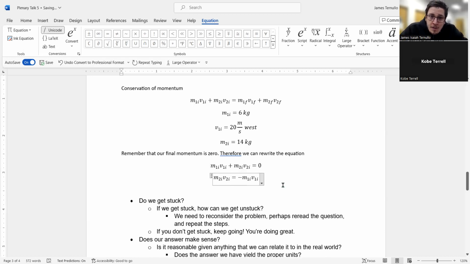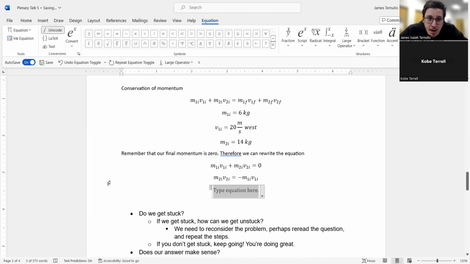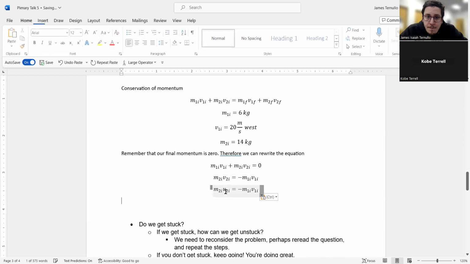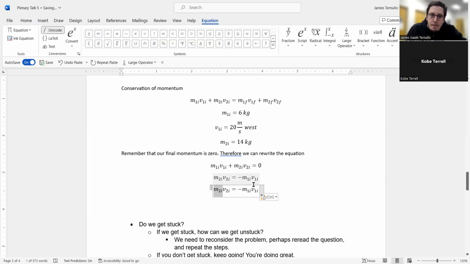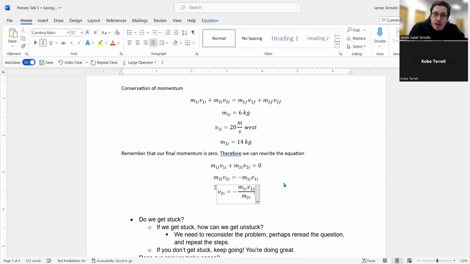All right, and so now we want to solve the equation for our second object's initial velocity, so we need to divide both sides by m2i. Okay, so now we have all of these numbers.